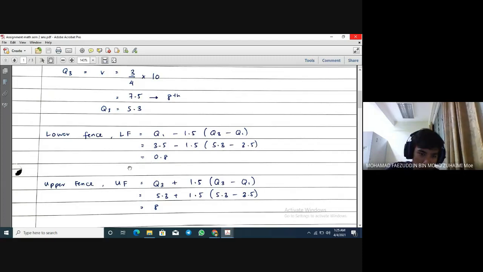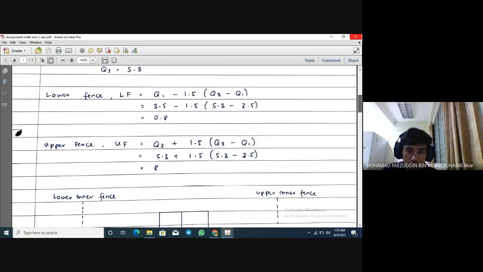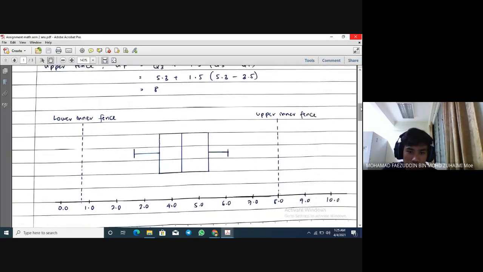And then for the upper fence, we use equation q3 plus 1.5 times q3 minus q1, and substitute all the quartiles just now, and we will get 8 as the upper fence. And lastly, we can construct the box and whisker diagram, like this.